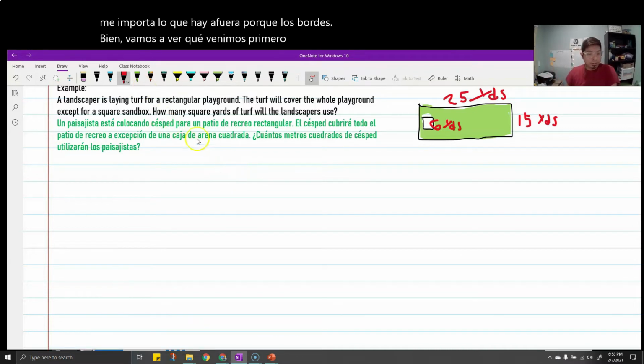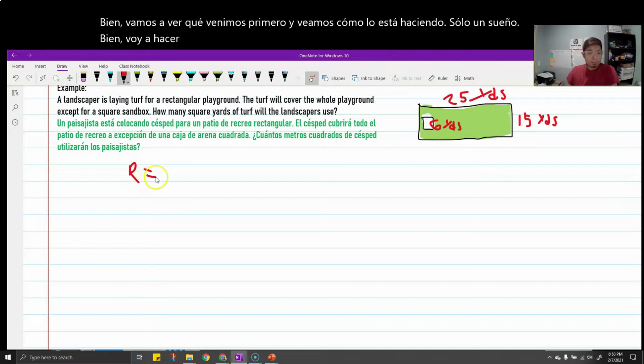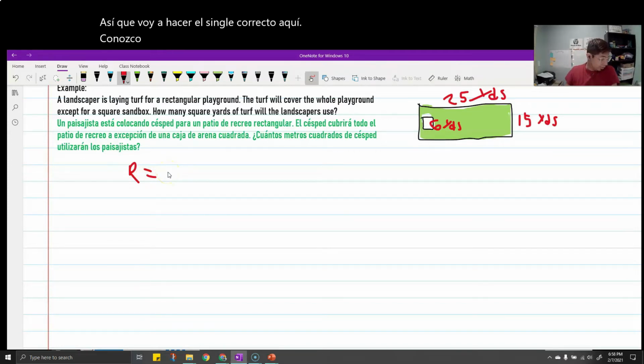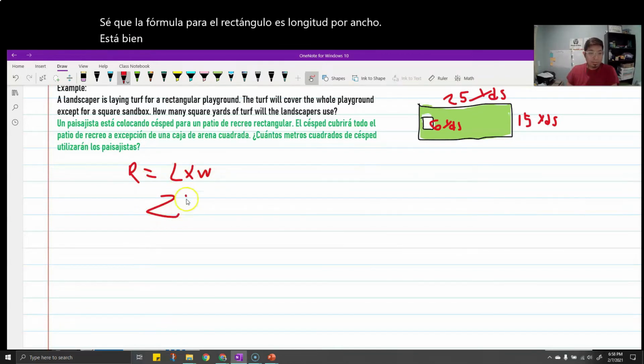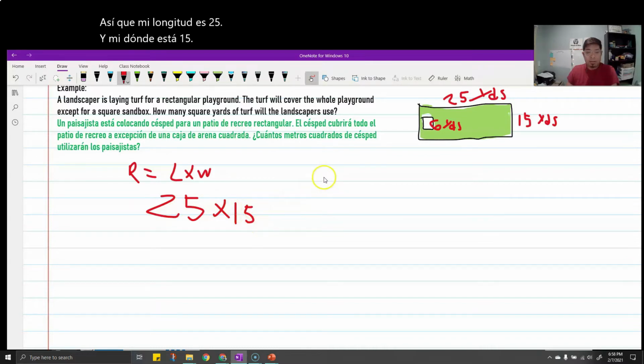So let's go ahead and see what we come up with first and see how we can get just the green. Okay, so I'm gonna do the rectangle here. Now I know the formula for a rectangle is length times width. So my length is 25 and my width is 15. Okay, now I'm gonna do it over here.